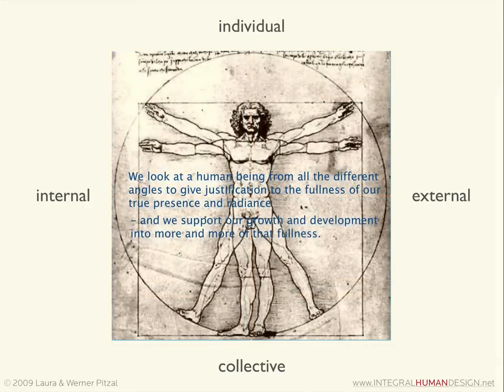And in integral human design, we want to use this big map, all these 4 quadrants of apprehension, because we look at a human being from all these different angles to give justification to the fullness of our true presence and radiance that always comprises all of these elements and much more. And we want to support our growth into more and more of that fullness.